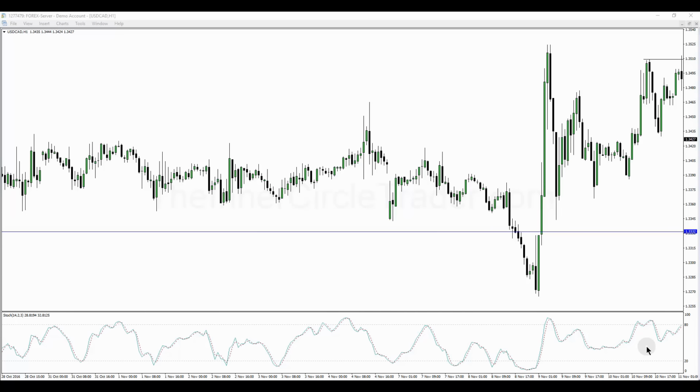And by unseating them, they can assume their position or put them in on the wrong side by engineering liquidity runs and then take the market the opposite direction.